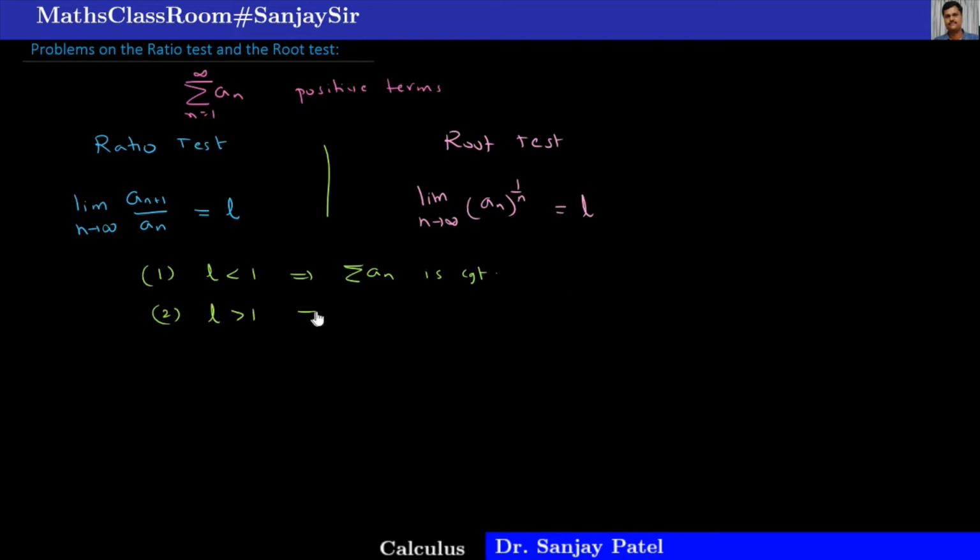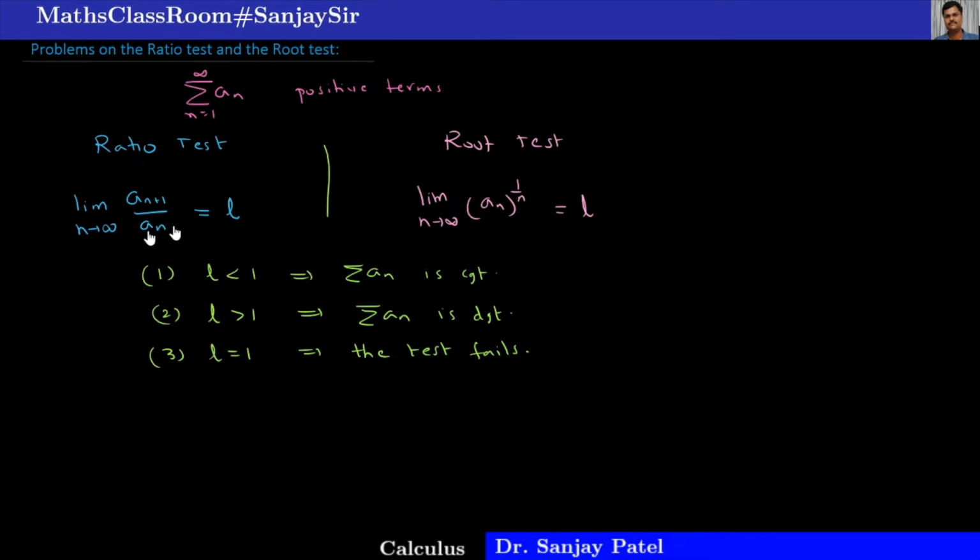For L equal to 1, the test fails. The test fails means we have to find some other way to discuss the convergence, so we can check L equal to 1 separately. These conditions are for both the results.